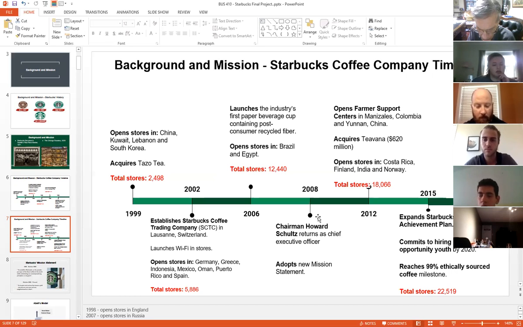But while he was out, things got out of control. And so you can see that he came back and had to sort of get things back under control. So Schultz is an important factor here because apparently the success of the business has really depended upon his leadership.